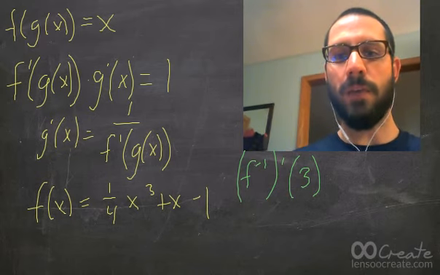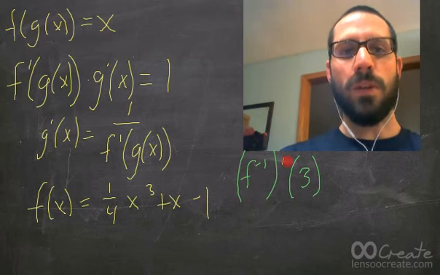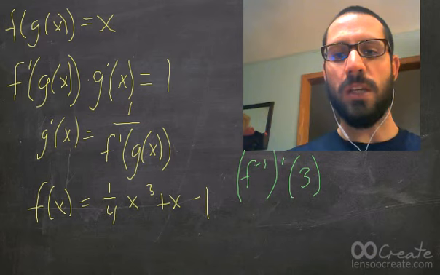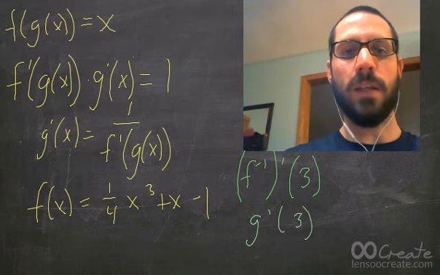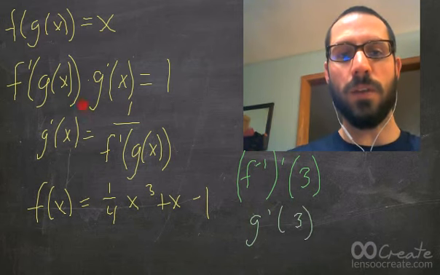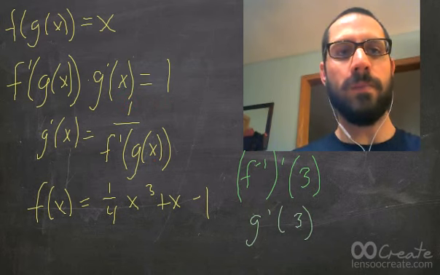The thing to remember is that if we want to find f inverse prime of 3, we can also see that written with the notation of g prime of 3 if we're using this formula right here. We want to find the derivative of the inverse at a point. So that's how we'd like it to be written.